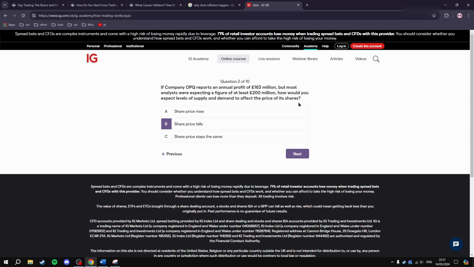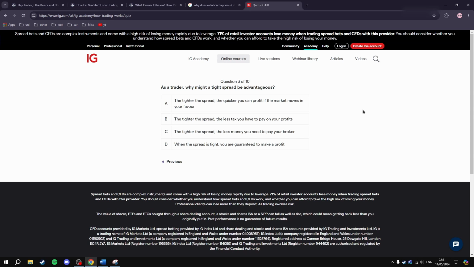Therefore, if investors aren't really attracted to it, there's going to be less demand for the shares. However, there's still going to be the same supply of shares, so if there's the same supply but less demand, then the price is going to fall.